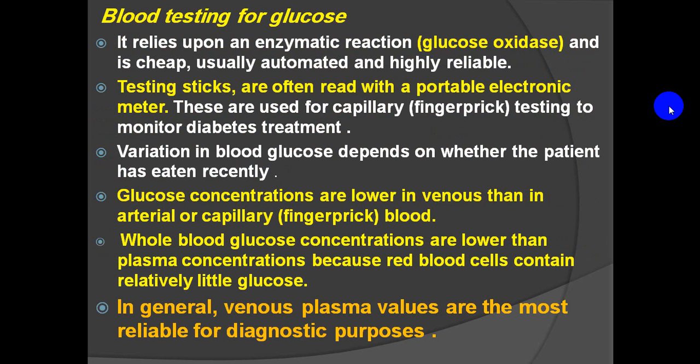In diabetes mellitus, we test the blood for glucose. Such blood testing depends on an enzymatic reaction using the glucose oxidase enzyme. Usually this is cheap, automated, and highly reliable. Also, for testing blood glucose, we use testing sticks.